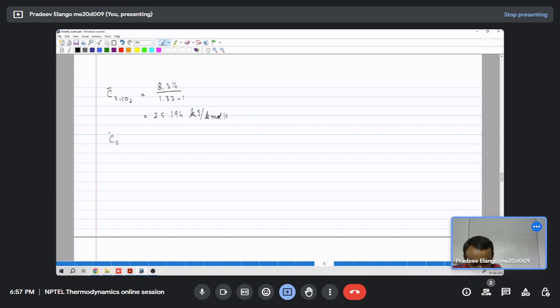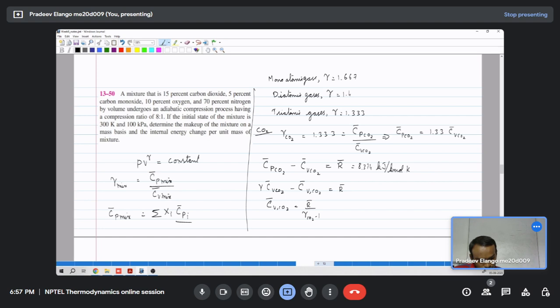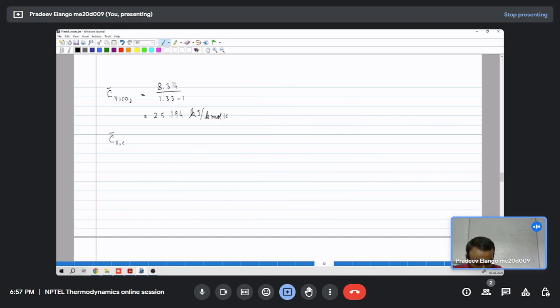Similarly, Cv bar of the next gas, CO, is equal to 8.314 by gamma of CO minus 1, that is 1.4 minus 1.